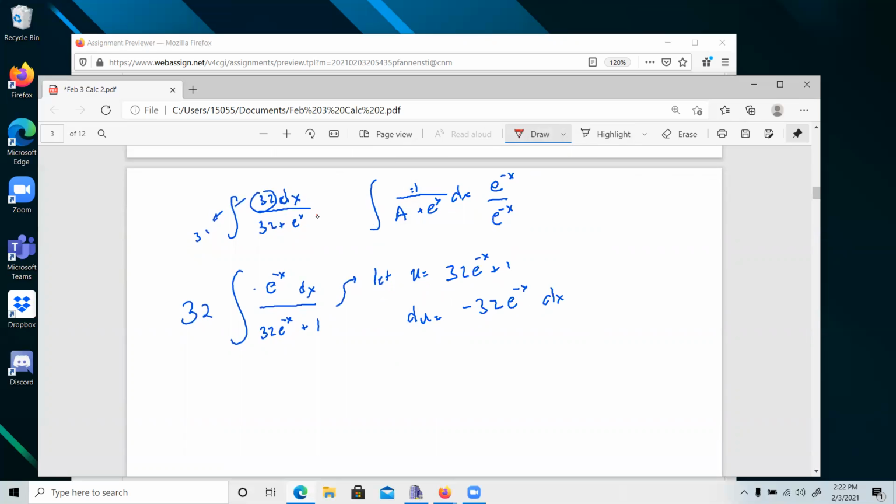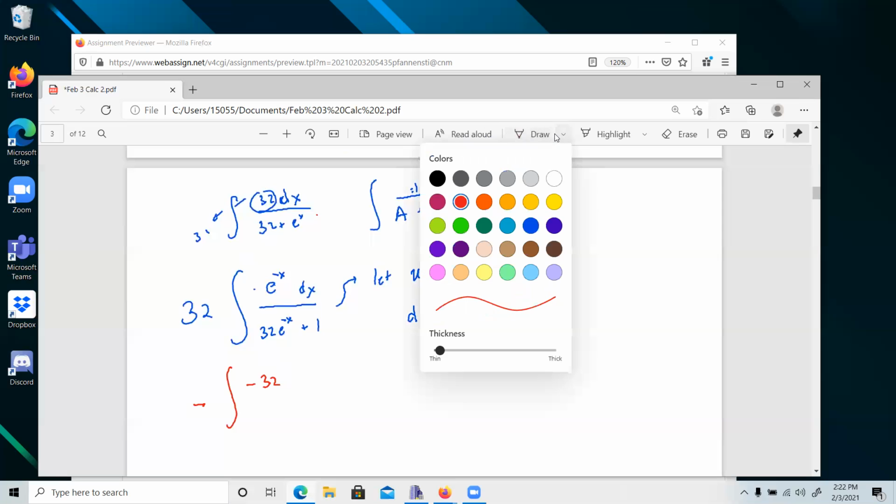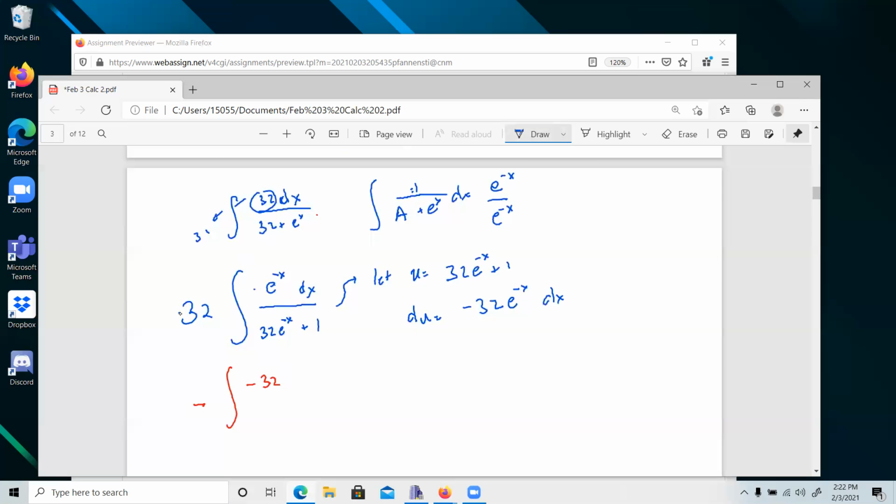So we have negative integral negative 32 e to the negative x dx, and on the bottom we've got 32 e to the negative x plus 1.